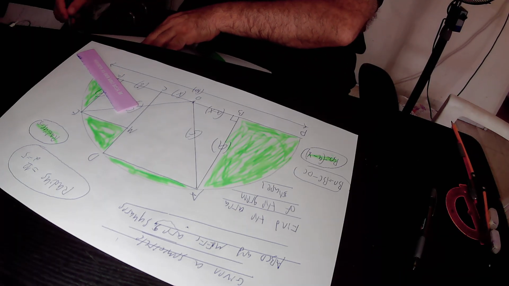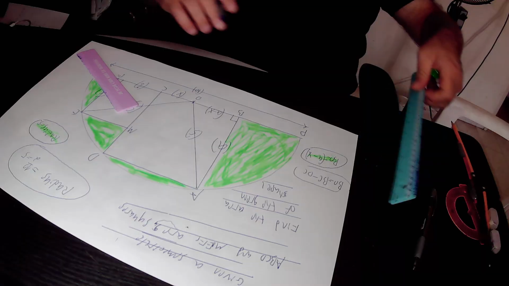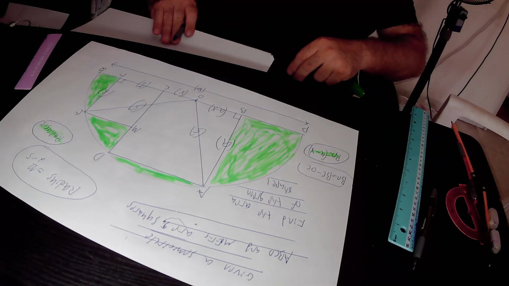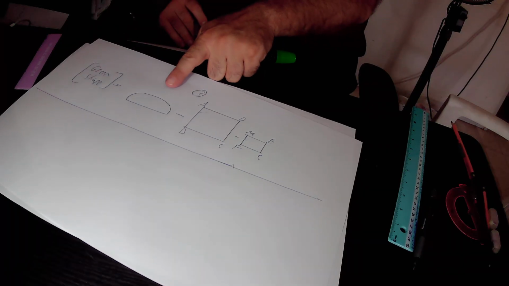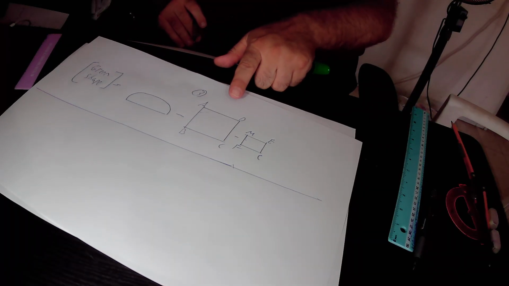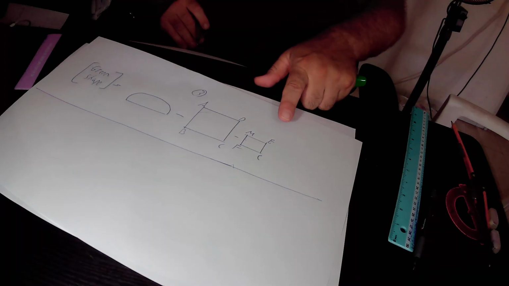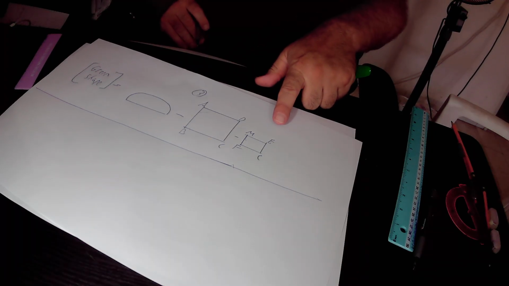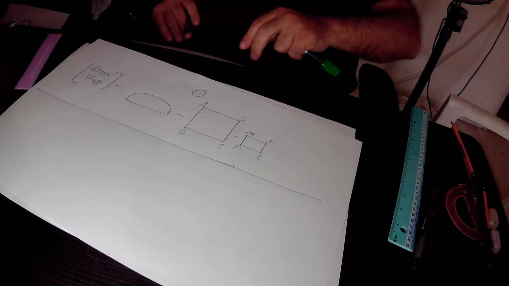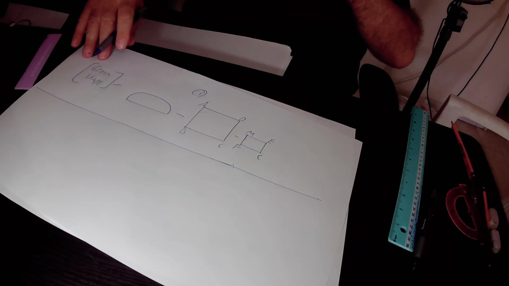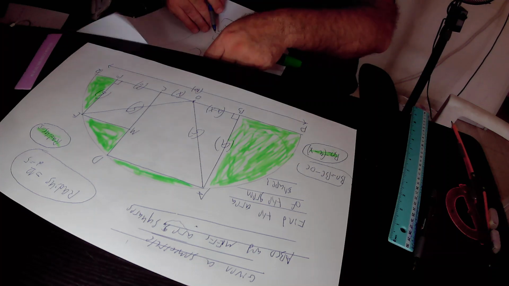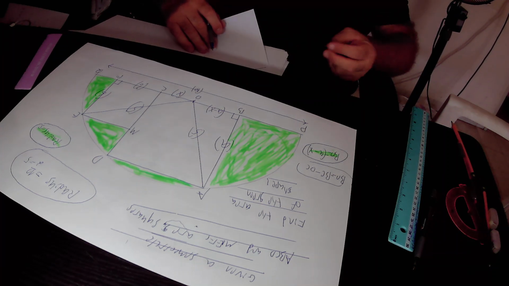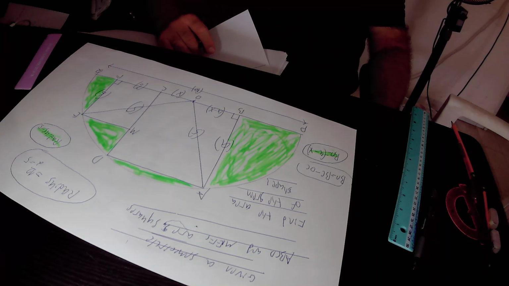So to repeat again, we found out that the area of this ring shape is equal to the area of the semicircle minus the area of the big square ABCD minus the area of the small square MEFC. We know that the area of any semicircle equals pi r squared, that is the area of the circle, over 2.